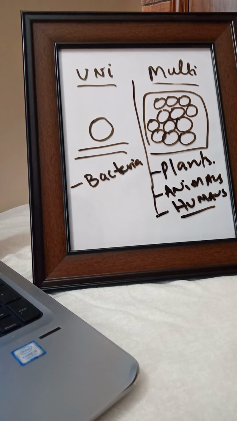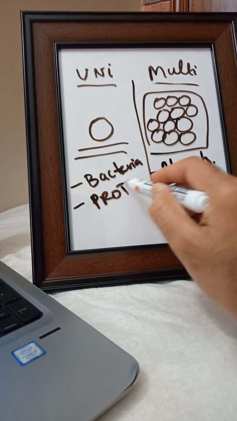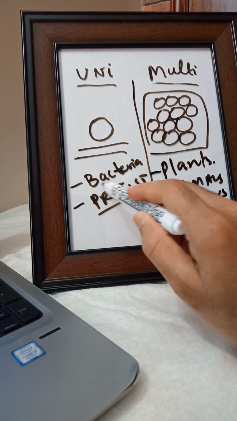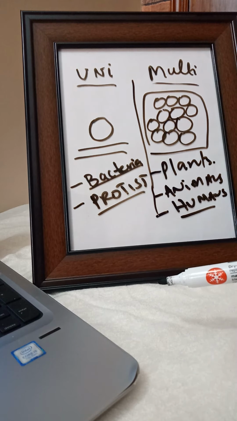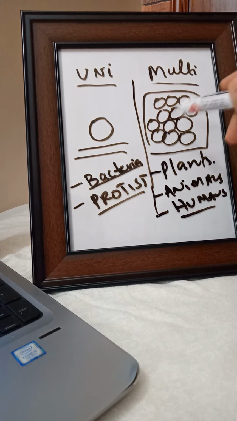So we would require a microscope to see the bacteria or the unicellular organism. Another example of a unicellular organism is protists. I would explain later how protists are different from bacteria. But these are unicellular and these are multicellular organisms.